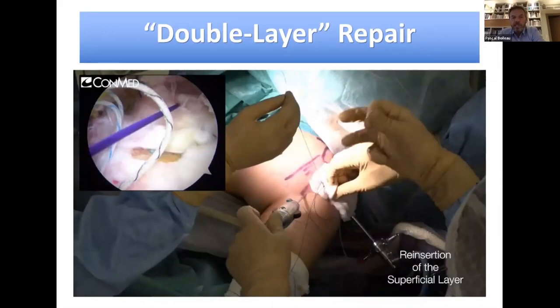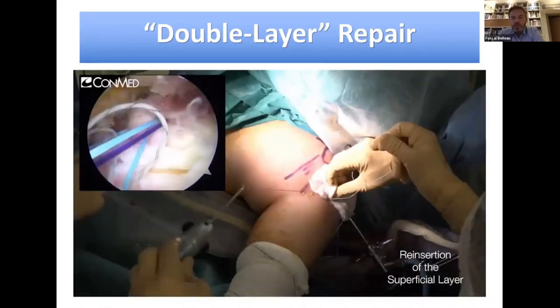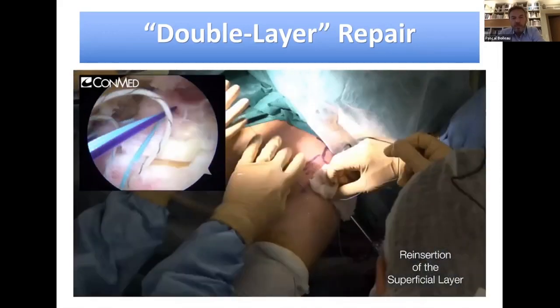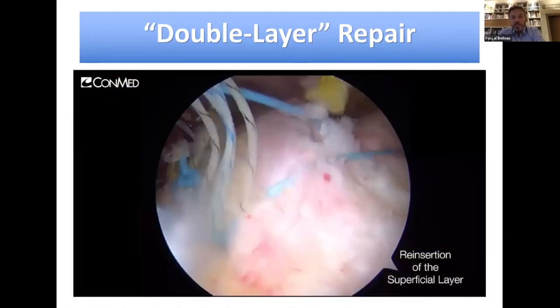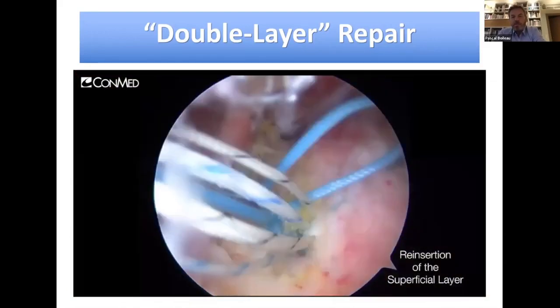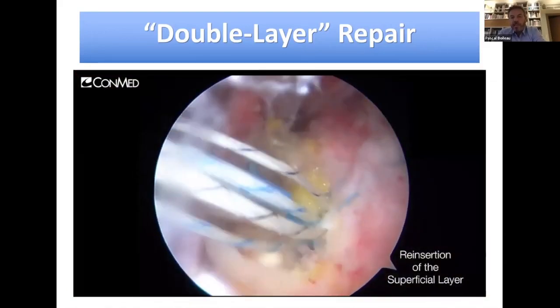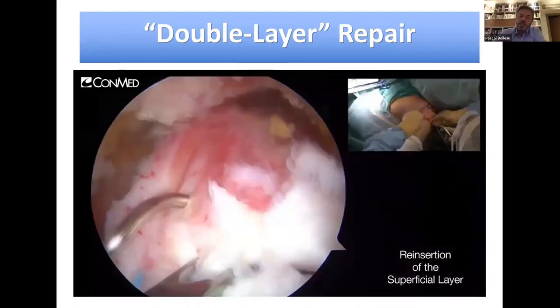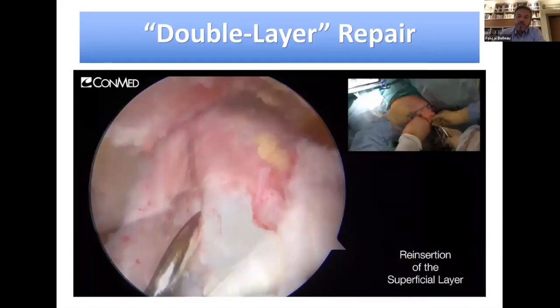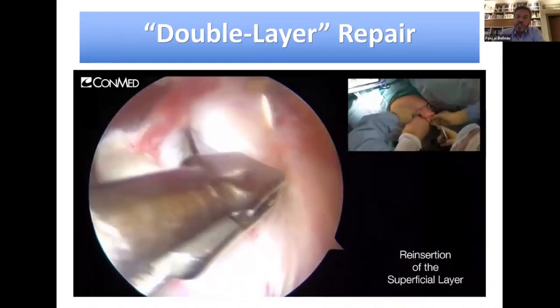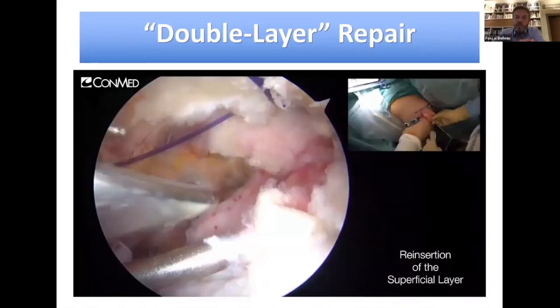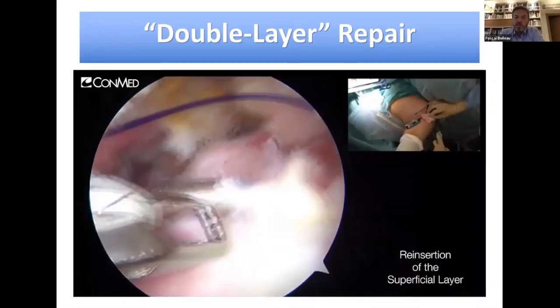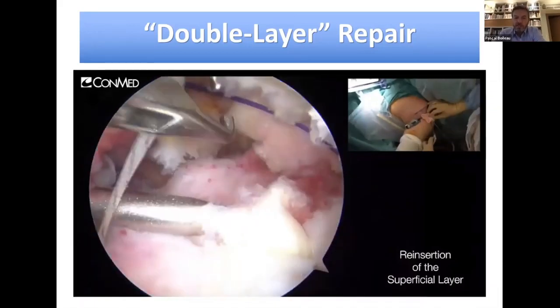As you can see, it's very simple. It's very reproducible. All my fellows learned how to do that. There's a blue suture here, and we put the knot down on the humeral side, not on the tendon side, because I think it's very important to respect what Rick Madsen has described, which is the principle of smoothness. You don't want to have any knots on the superficial surface of the cuff tendons.